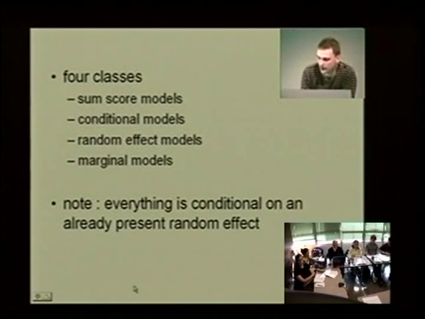So as I said before, there are 4 classes of models, or 4 families. There are sum score models, conditional models, random effects models, and marginal models.